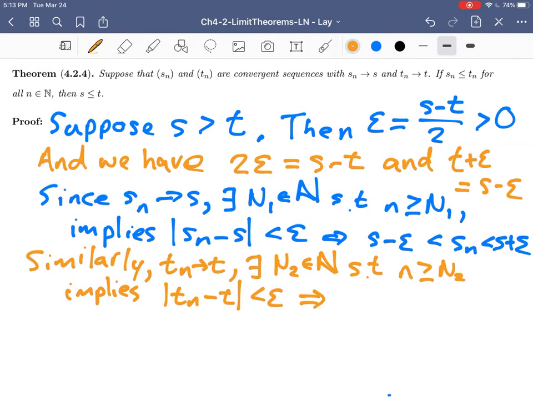Right, so T minus epsilon is less than T sub n, which is less than T plus epsilon. And those, again, are true for every choice of epsilon.